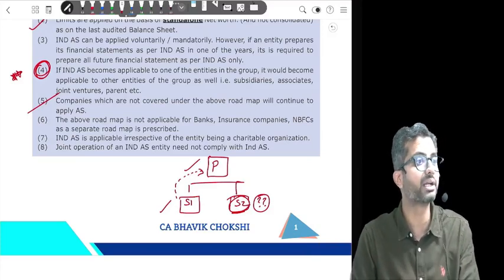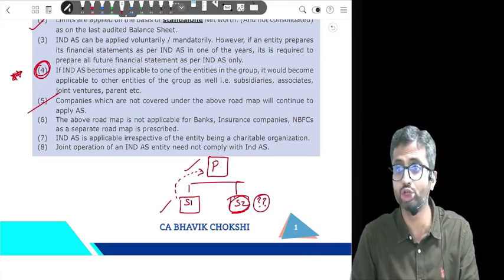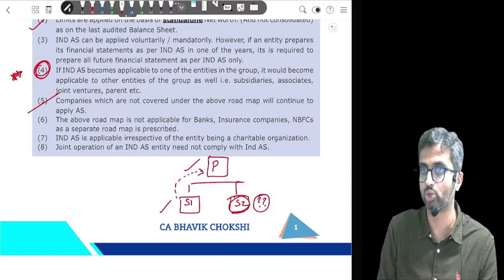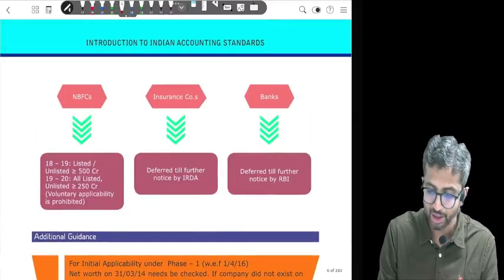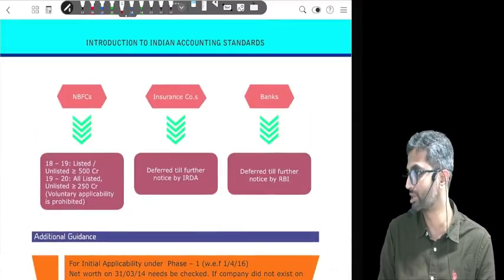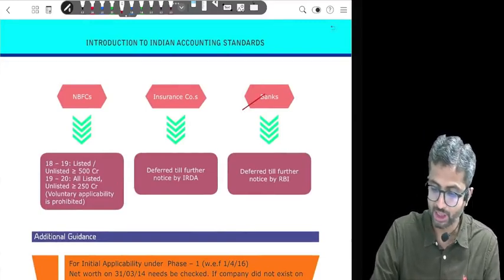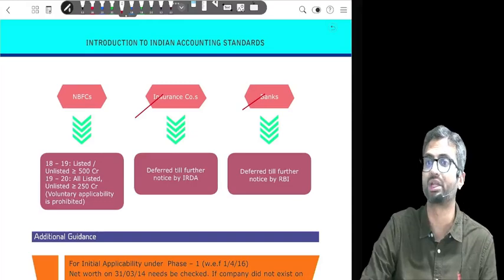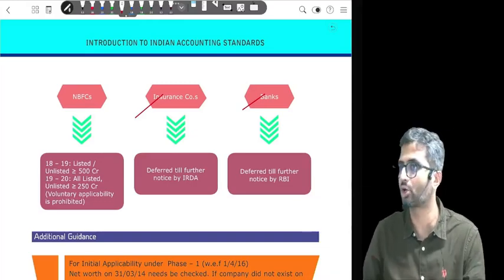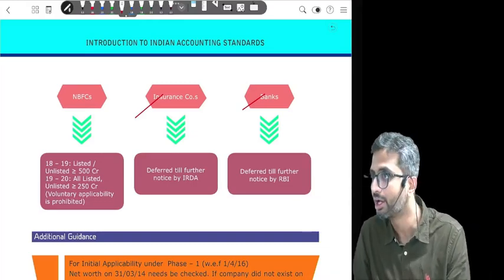But what if you are a specialized institution like a bank, NBFC or insurance company? As we speak today, for insurance companies and banks, Ind AS is not applicable. It is deferred until further notice by either RBI or IRDA.